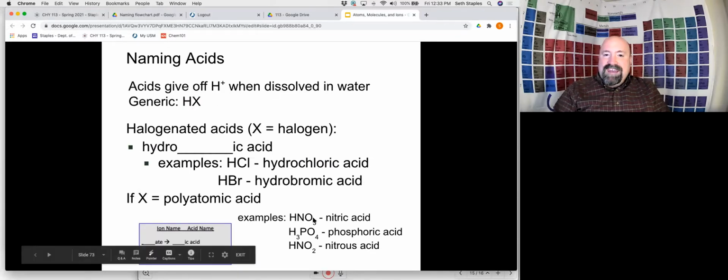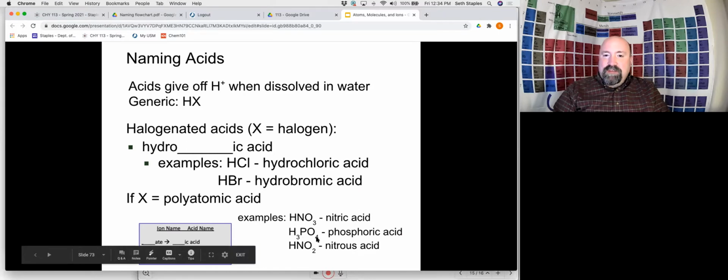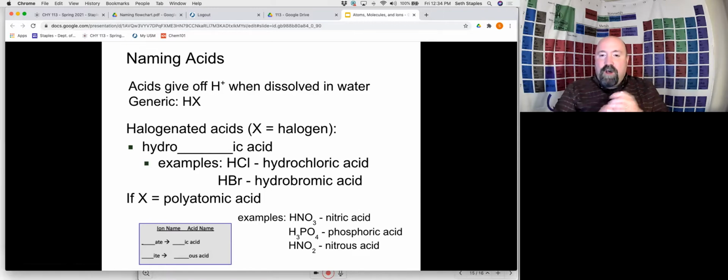So we cut off the end of nitrate and instead call it nitric acid. Phosphate, our PO4 ion. We cut off the -ate at the end and instead put -ic acid. And so instead of phosphate, it's phosphoric acid.